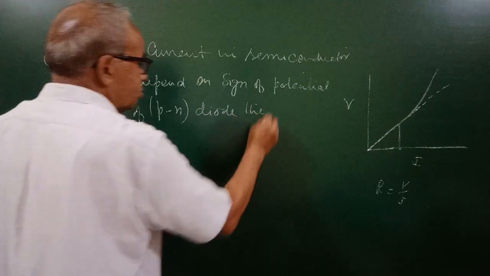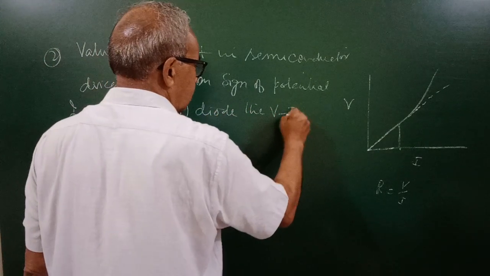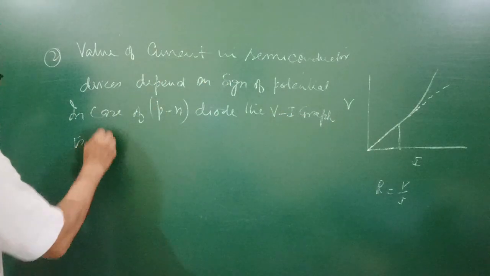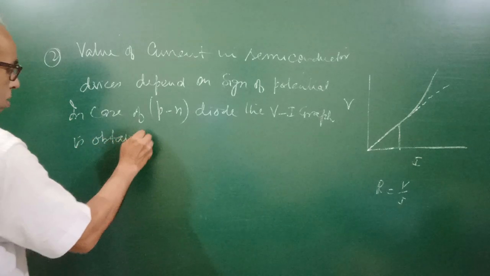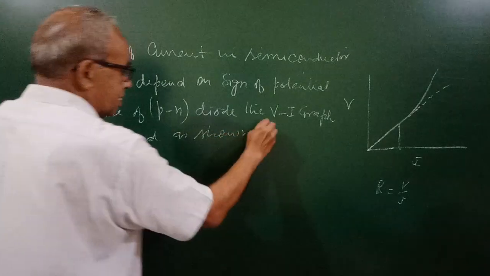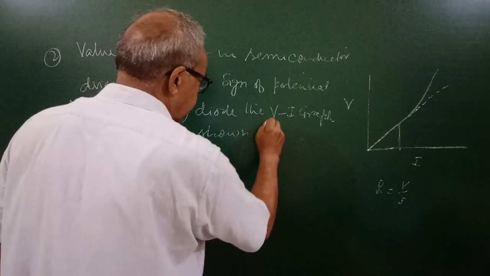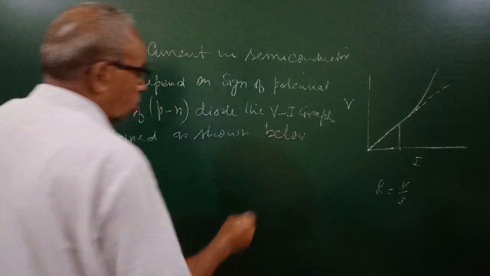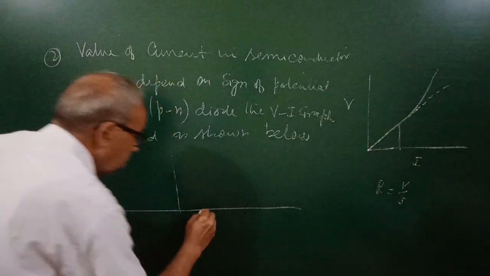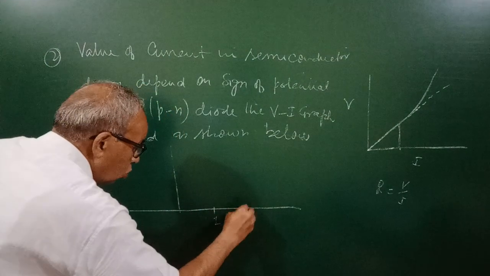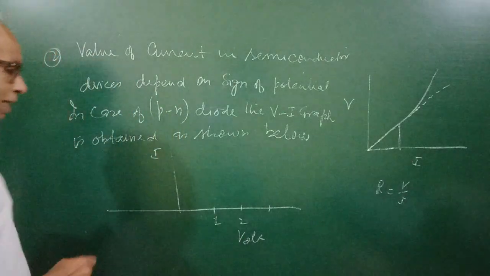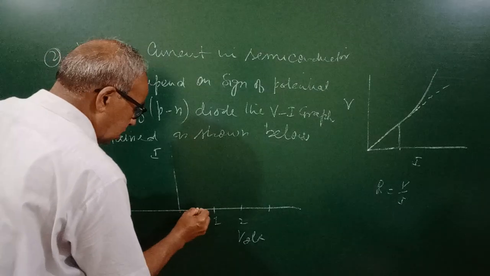the VI graph is obtained as shown here. I am drawing it below. What will it be? The VI graph for 1 volt, 2 volt, 3 volt, with I on this side in milliampere, may be like this.